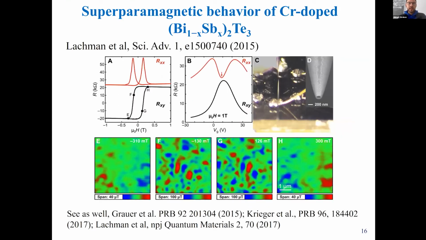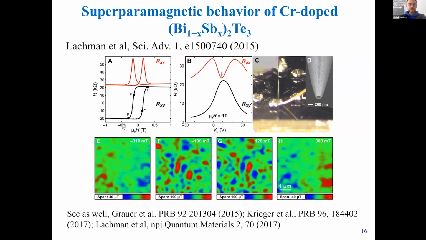On top of that, some time ago, people discovered that these materials are not actually ferromagnets, although they show macroscopic fingerprints of a ferromagnet, which is a hysteresis loop, for example, here in the transport measurements and also in the magnetometry.